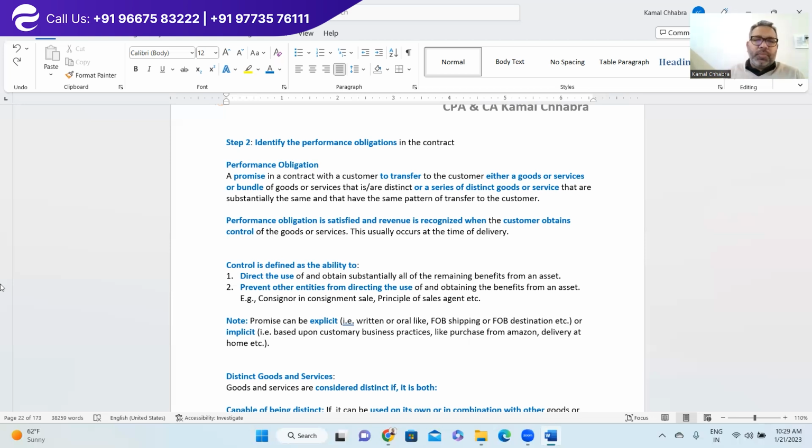A performance obligation is actually a promise from one party of the contract to another party of the contract. For example, if you entered into a contract with a contractor to construct your house, and you'll be making the payment on a milestone basis, which you have agreed. Let's assume you have a 250 square yard piece of land, and you entered into an agreement with the contractor to build a stilt plus 4-story building on that.